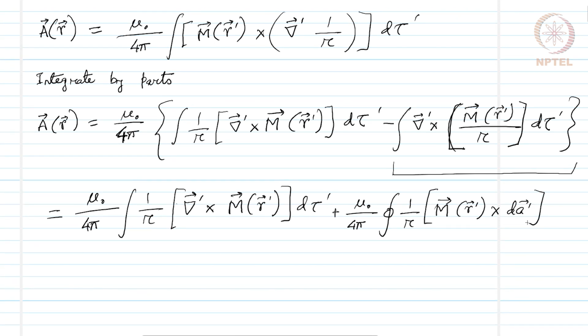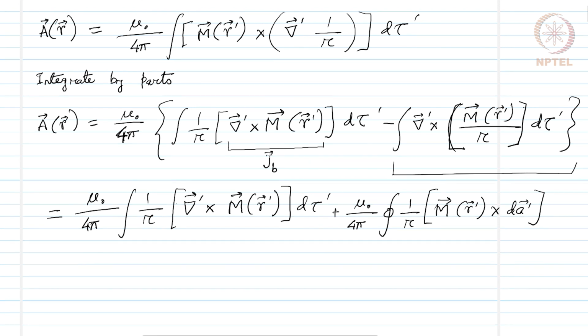We can write it this way, and the first term looks like the potential due to a volume current, where the volume current density could be expressed as this, and the second term looks like the potential due to a surface current.